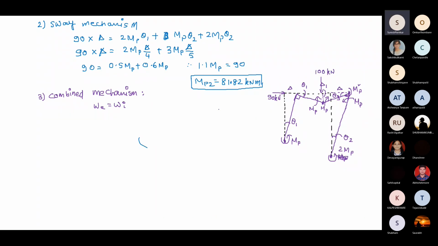So now first we will write theta 1 equal to delta by 4 is equal to delta 1 by 3. And therefore delta 1 is equal to 3 by 4 delta. Then we have theta 2 is equal to delta by 5.